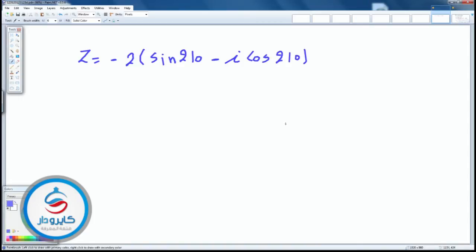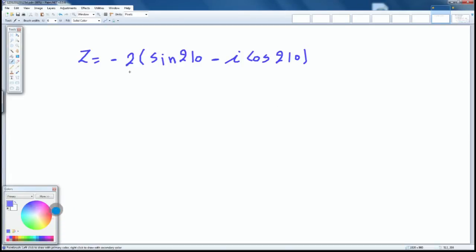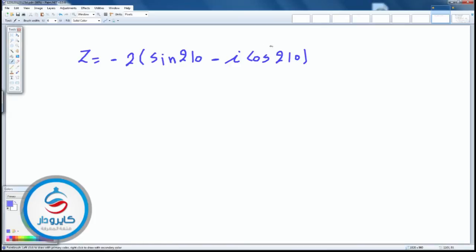First, do we have R positive? No. طيب لا الـ R بوزيتيف ولا الساين في مكانها ولا الكوزاين في مكانها. طيب نعمل ايه؟ يبقى هقول اولا كده z equals negative 2.